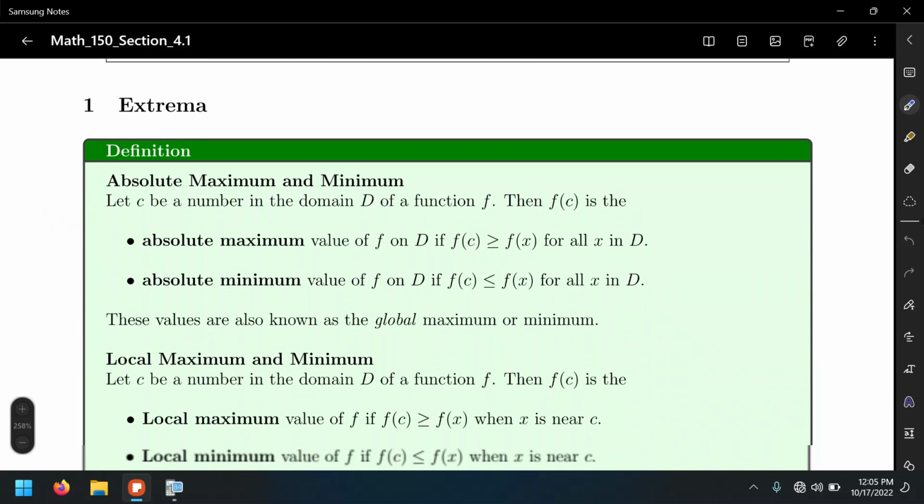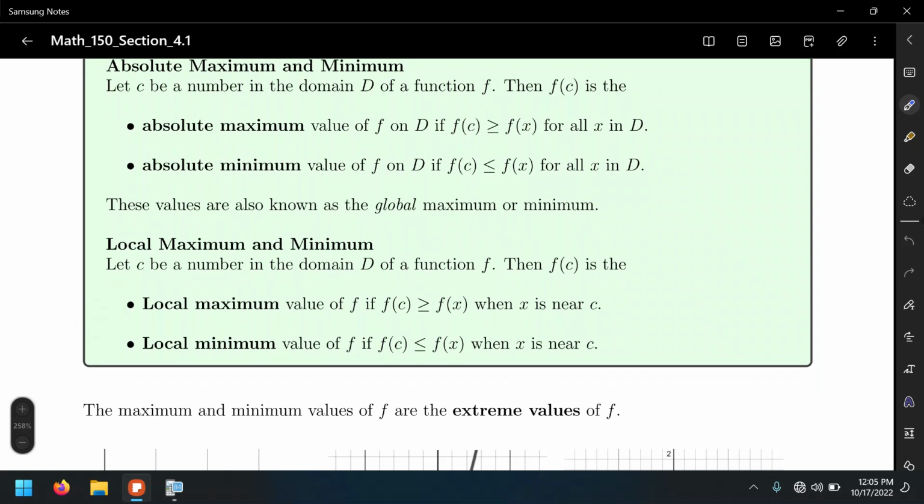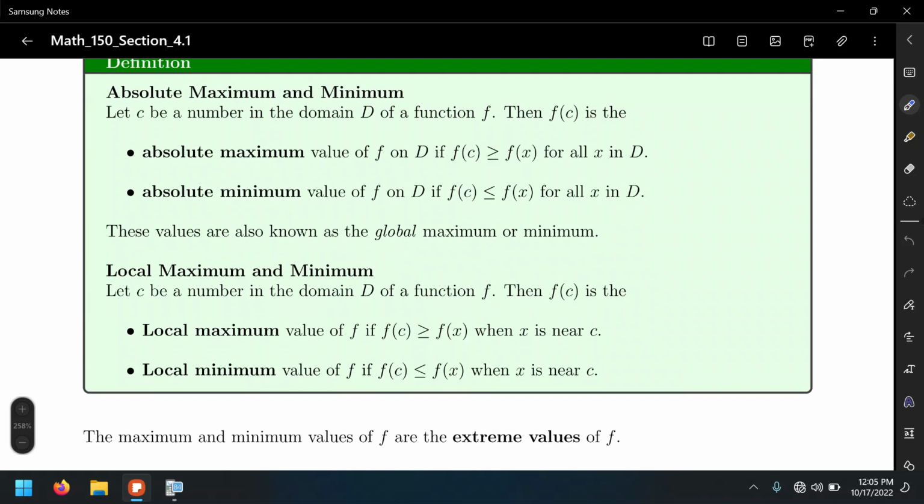So we have these definitions about absolute maximums and minimums and local maximums and minimums. So these are the official definitions, the algebraic definitions, if you will. But I think it would be better if we look at this using some graphs right here. So the definitions are there, but the only difference between absolute and local is that the absolute is the actual largest of the maximums.